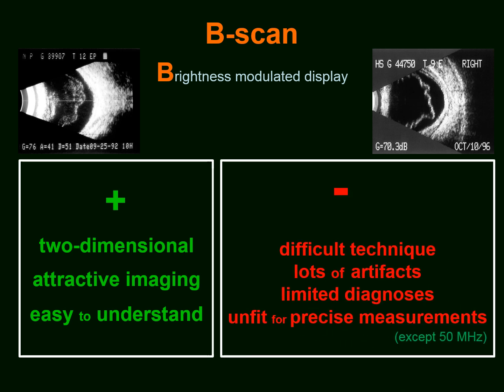Among the disadvantages we find a difficult examination technique, lots of artifacts which confuse, limited diagnosis, and B-scan is unfit for precise and accurate measurements, except for the 50 MHz UBM B-scan, which is even better than the A-scan in those measurements.